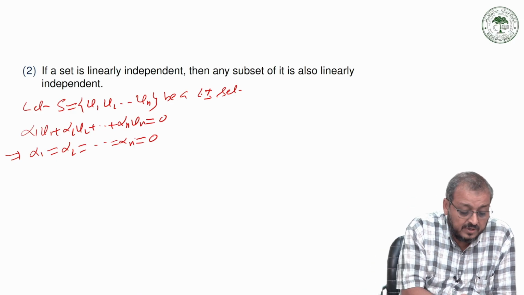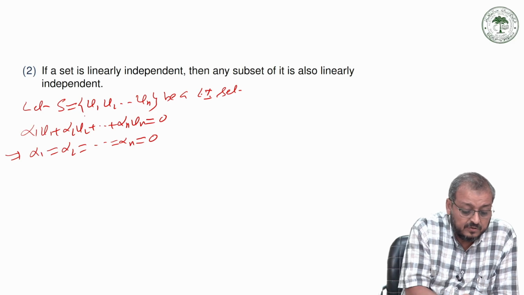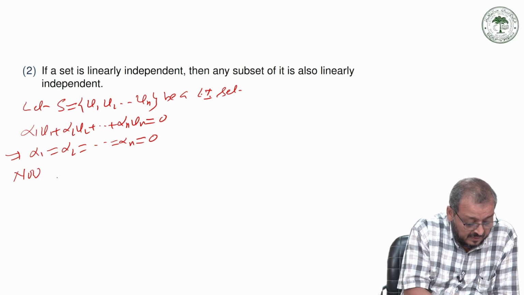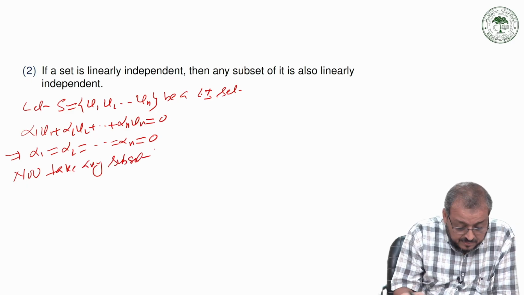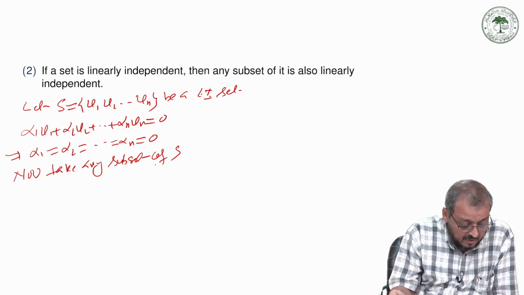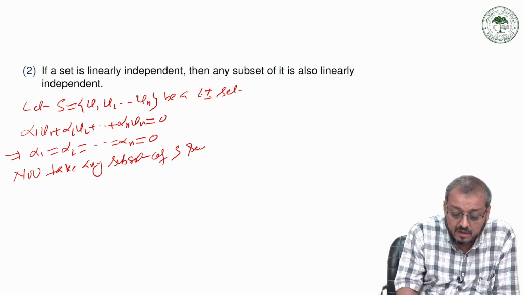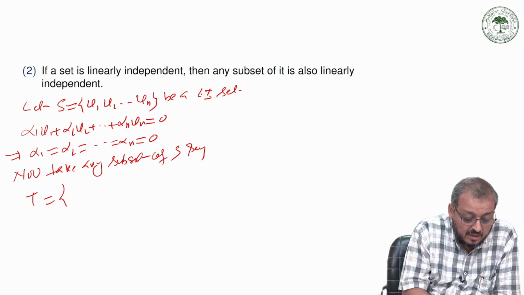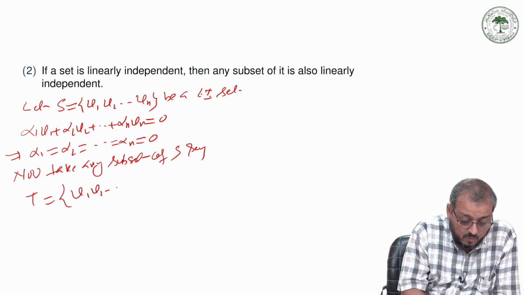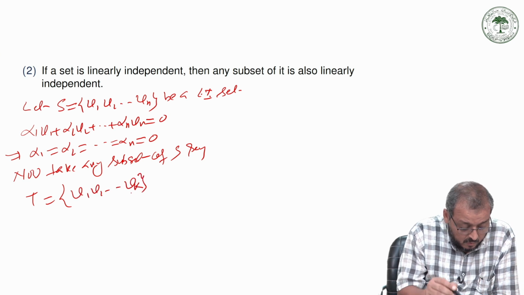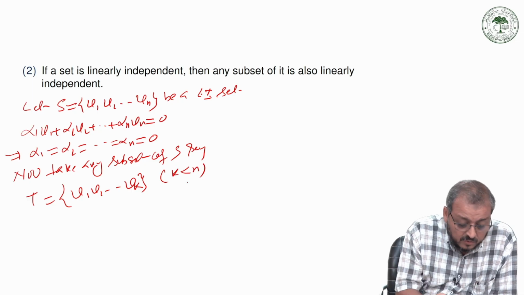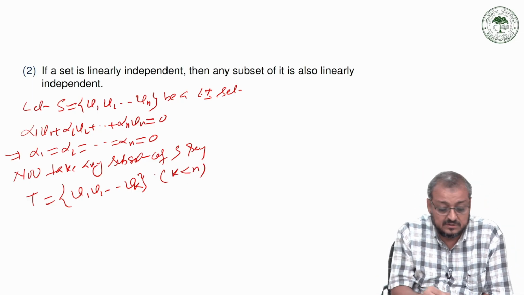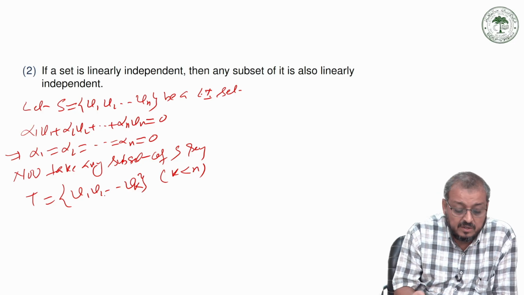Now take any subset of S, say T is equal to v1, v2 up to vk, where k is less than n. We have to show that v1, v2, up to vk is linearly independent.